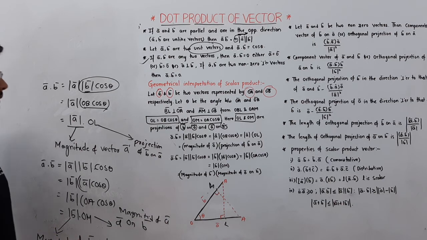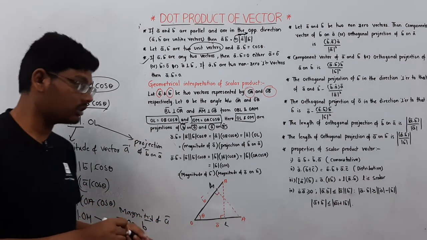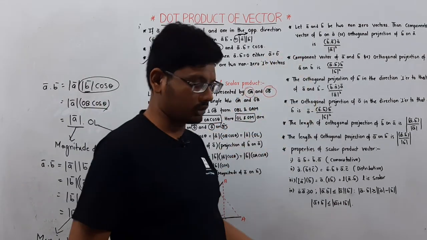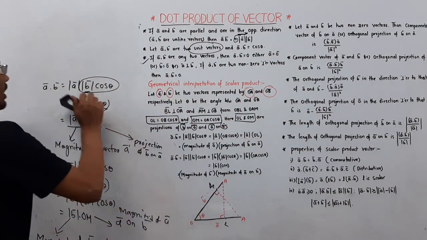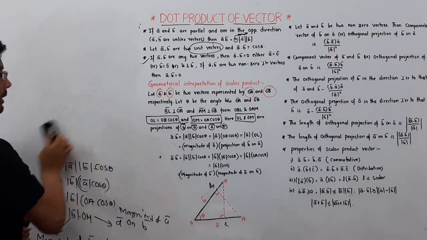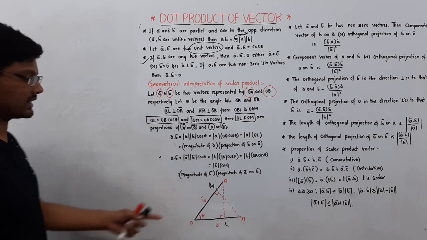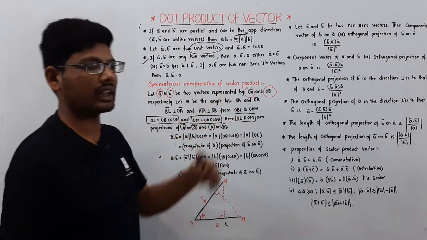These are the points here, and based on this we have several properties. We have to discuss several properties of the geometrical interpretation of scalar product. This is all about the geometrical interpretation of scalar product.